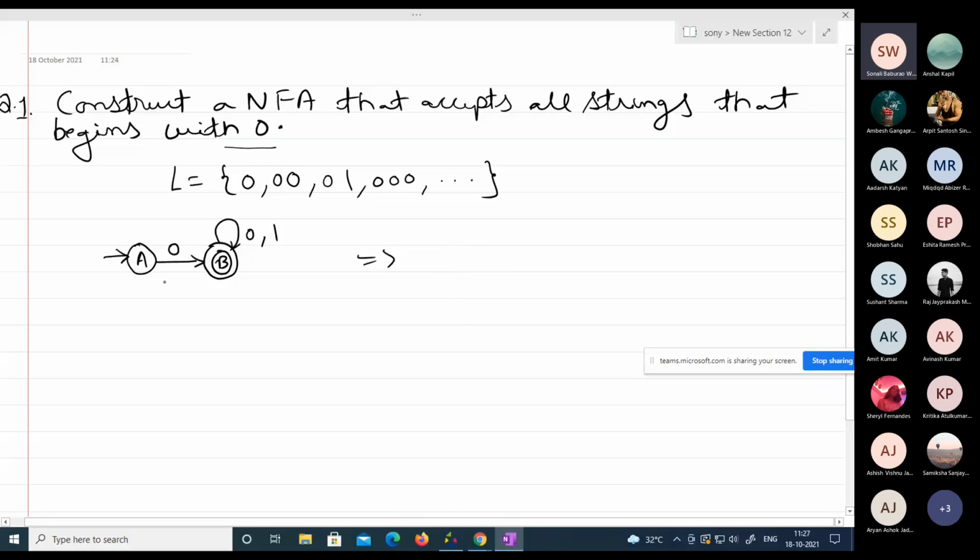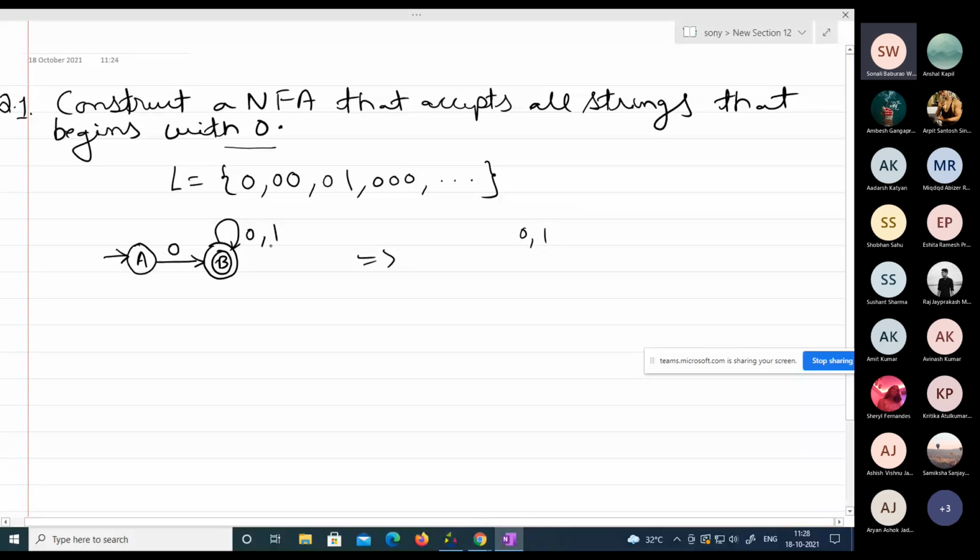Now, you may have a question here. In a DFA, we were always showing both the inputs 0 and 1 and where the transitions were going. That was necessary for a DFA. But in an NFA, this is eliminated.